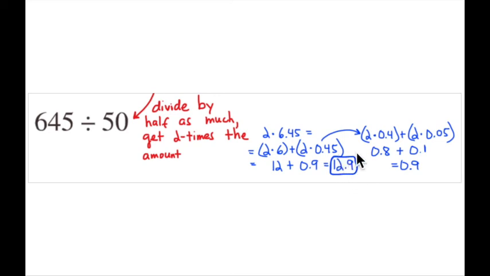And if that's hard for you to see, you can split out the 45/100 into 4/10. 2 times 4/10 is 8/10, and 2 times 5/100, the 5/100 right there, is 1/10. Add them together, and that's the same as that 9/10. The reason I'm doing this is to show students different ways that they can do these calculations in their head.